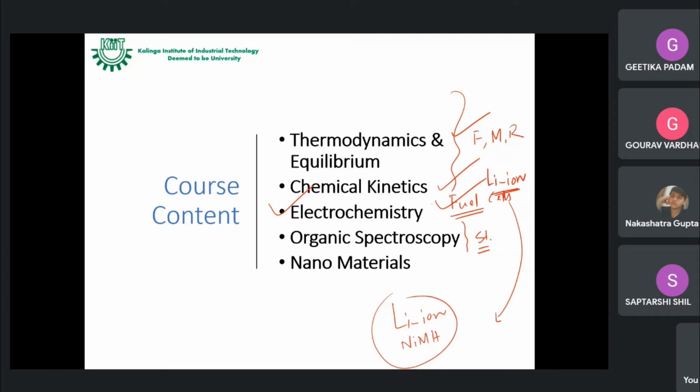So if you look at corrosion, the fundamental of corrosion lies in the redox reaction, which forms the basis of this electrochemistry. So that is why also electrochemistry is introduced to you.